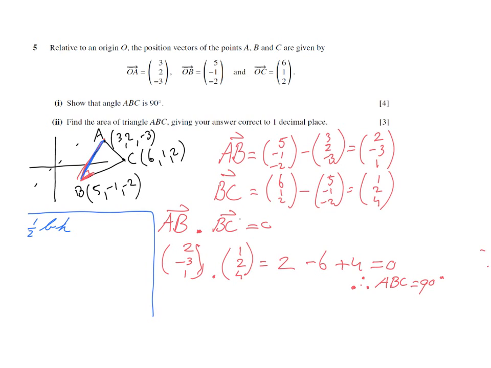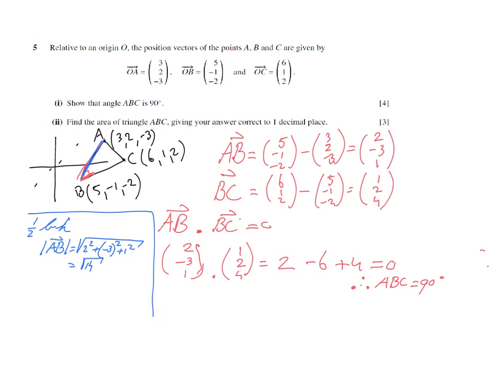The size of vector AB is the square root of 2 squared plus minus 3 squared plus 1 squared. That will be 4, 13, 14, the square root of 14.